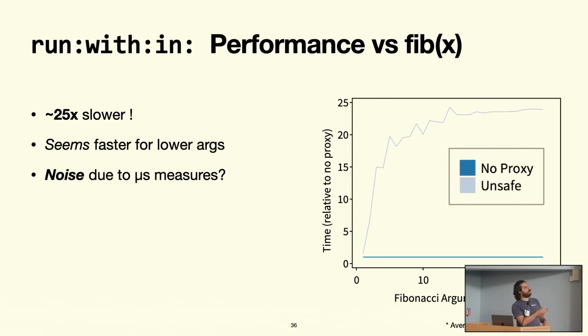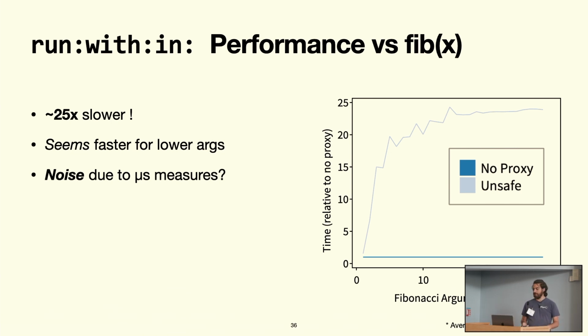Actually, we see that at the beginning it is 15, 20, and it arrives at almost 25 times slower. It looks a bit faster for smaller arguments, so for a really low number of messages, but maybe that is due to noise because I did the measurements in microseconds, not in nanoseconds.